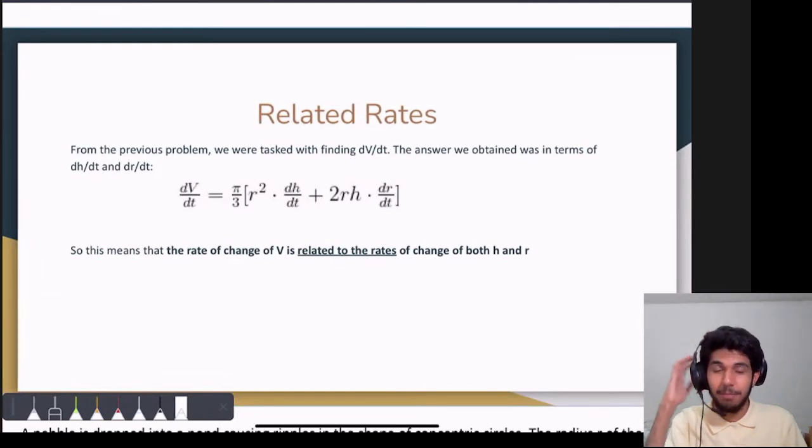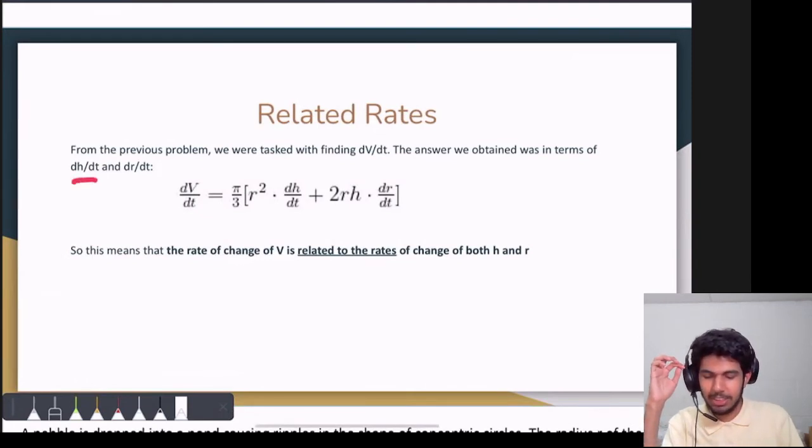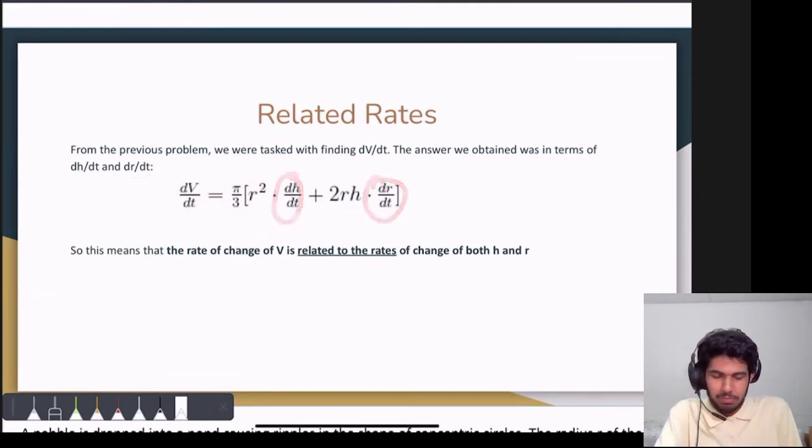So, from the previous problem, the one we just did, we were tasked with finding dV/dt. And the answer we obtained was in terms of dh/dt and dr/dt, right? This is the answer we got. But we didn't know what to do with this and this, right? So, let's see. We know that the derivative is a measure of the rate of change.